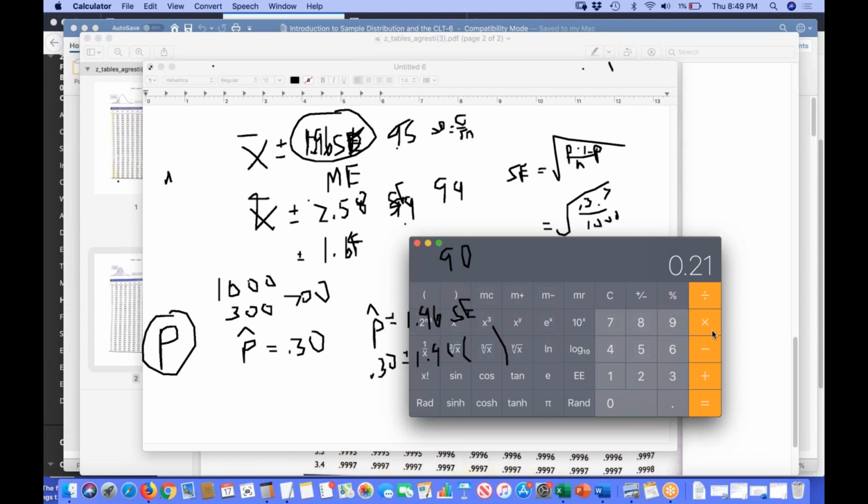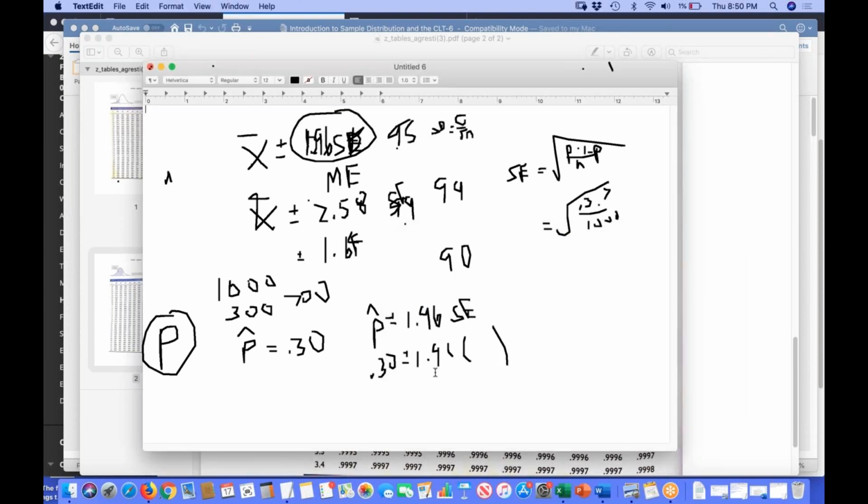And I'm going to divide that by N. Like I said, I'm getting used to this thing. 0.3 times 0.7 divided by 1,000 is equal to that. And I'm going to take the square root of that. And that's equal to 0.0144. Now, I'm going to call that 0.015, just for the hell of it.